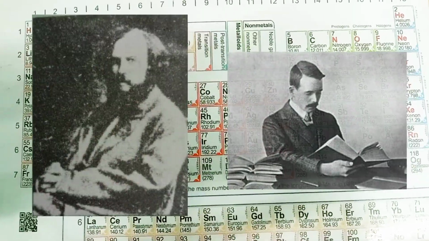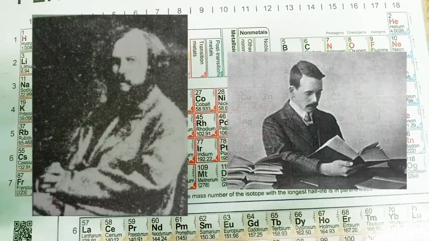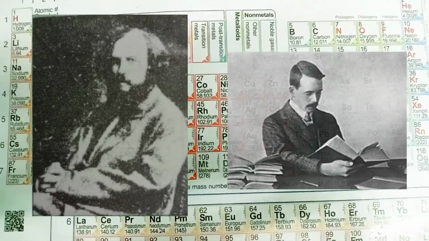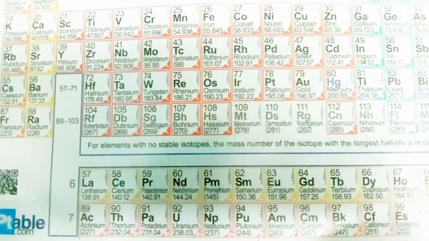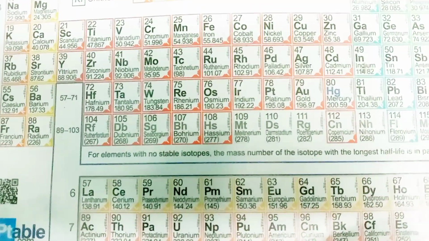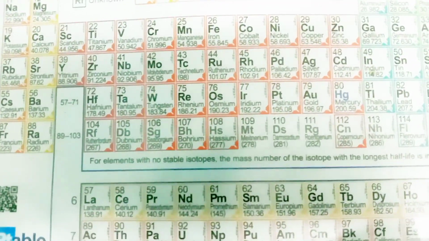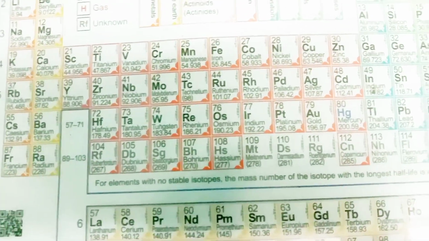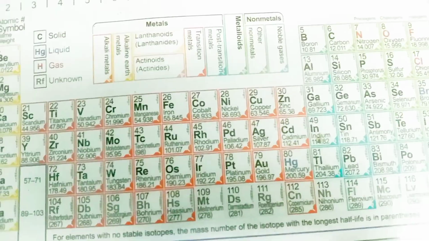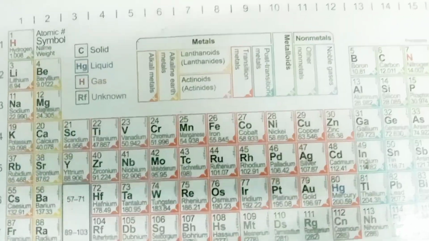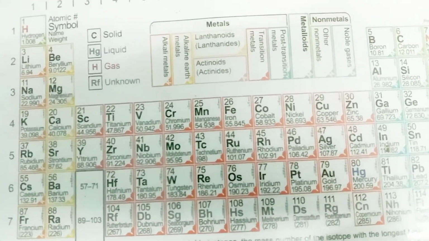Then came Mendeleev and later Moseley. Mendeleev arranged elements, which we now see as the periodic table. He has designed it, and Moseley has made a few changes. Mendeleev arranged elements according to their atomic weight. Mendeleev was a genius.